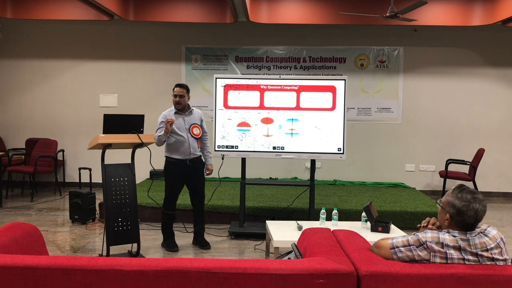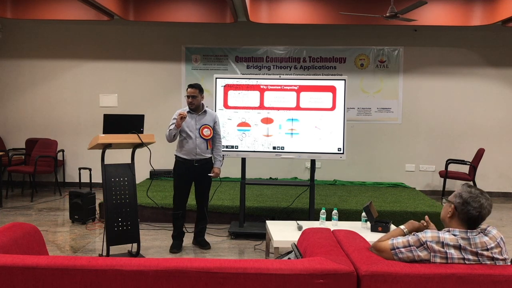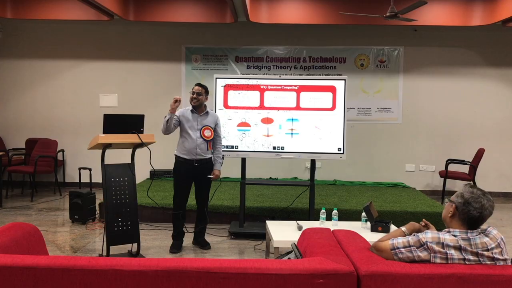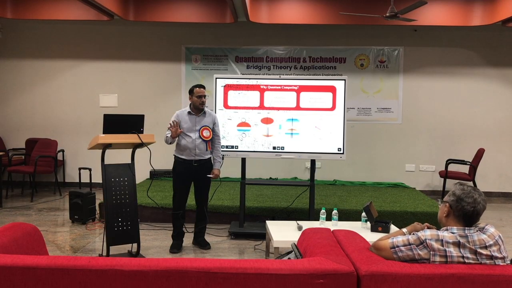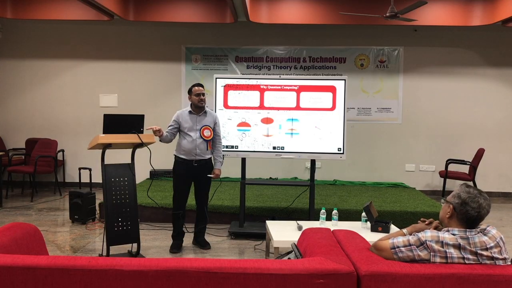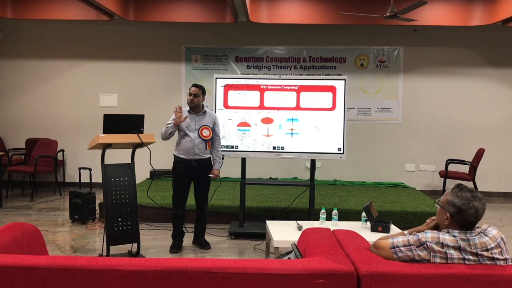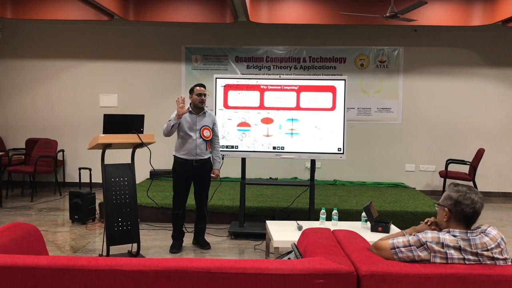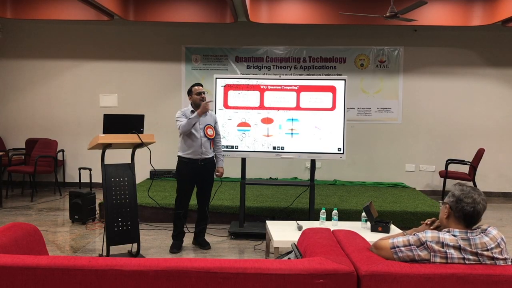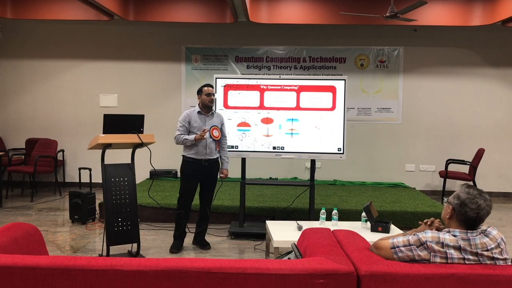Quantum machines are only applied when there exist certain classical machine inefficiencies. Clear my point? Whenever your classical machines have certain constraints, for the problems that the classical machine is not enough to solve in an efficient amount of time, then only we will apply what? The quantum. Otherwise, no need of quantum.